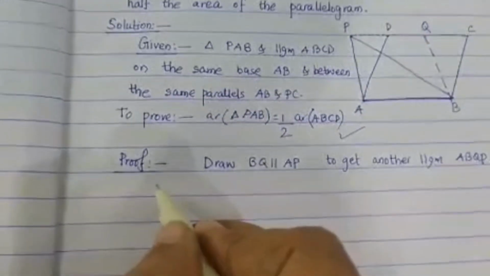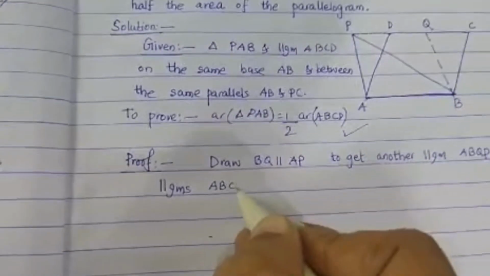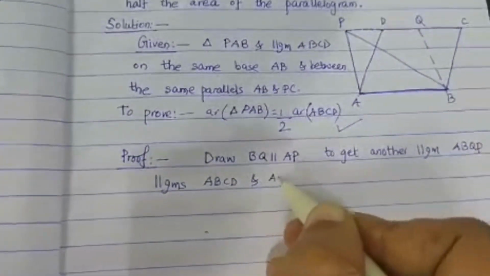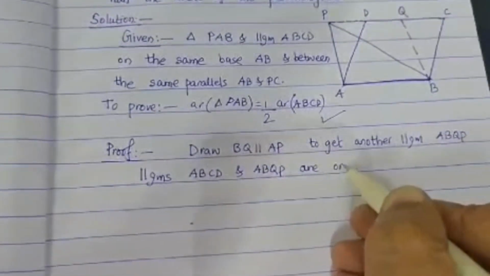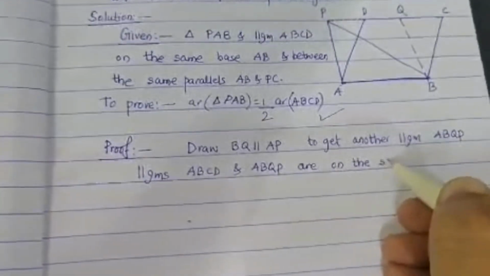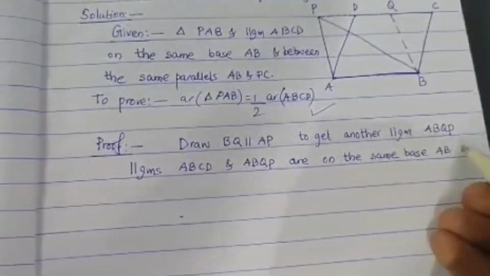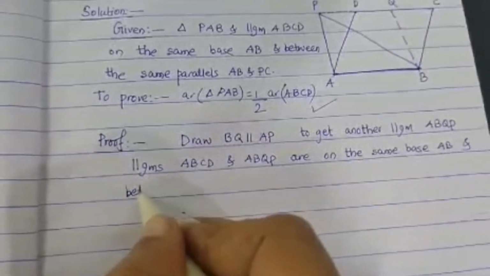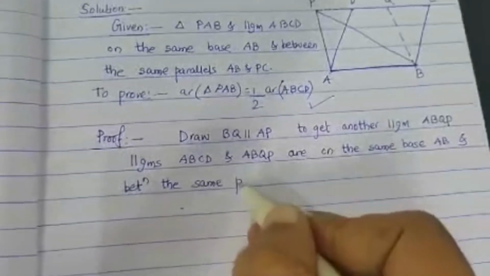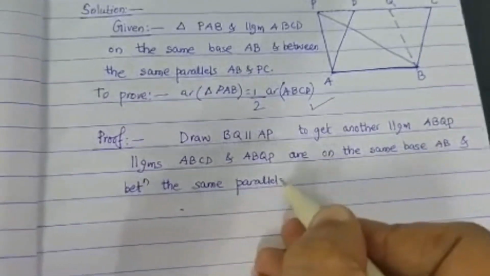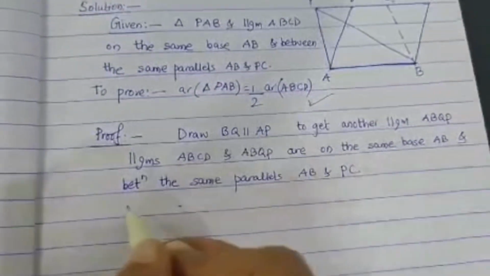So we can write: parallelograms ABCD and ABQP are on the same base AB, and between the same parallels AB and PC.